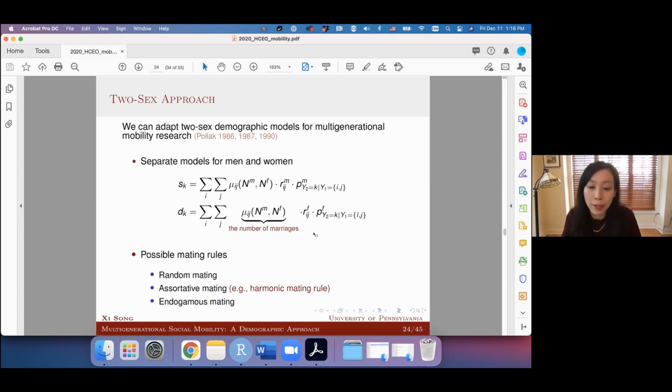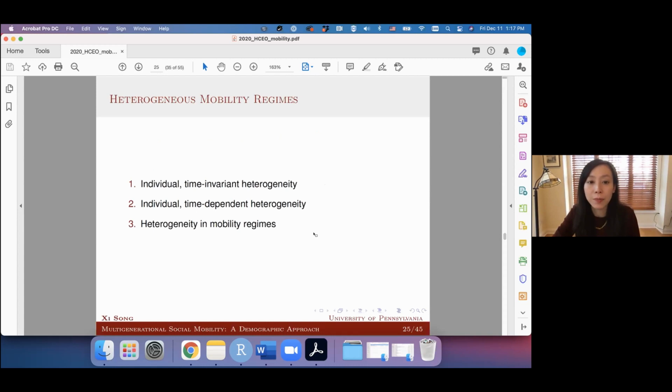And here I use the assortative mating rule proposed by Pollak based on the harmonic mating rule, but I have also considered two other hypothetical rules based on random mating or endogamous mating, meaning that people only mate within their own socioeconomic status.